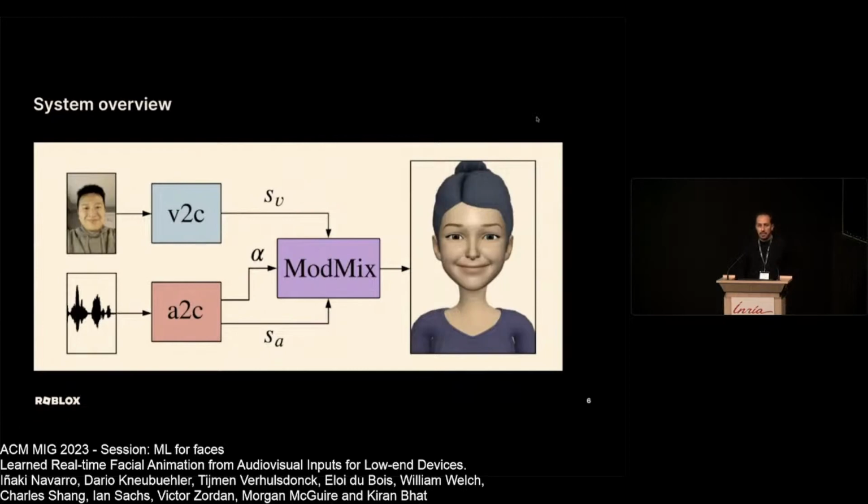While the audio stream is in charge of lip sync and also produces an additional signal, we call it alpha, which tells us if there is some kind of voice activation. And it's used in the mod mix, which basically blends the FACS outputs from each of the two subsystems.